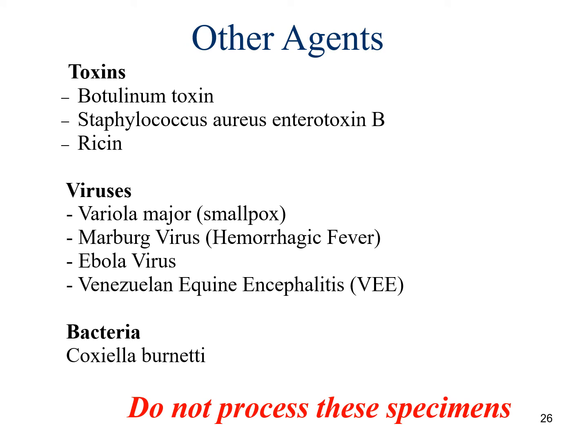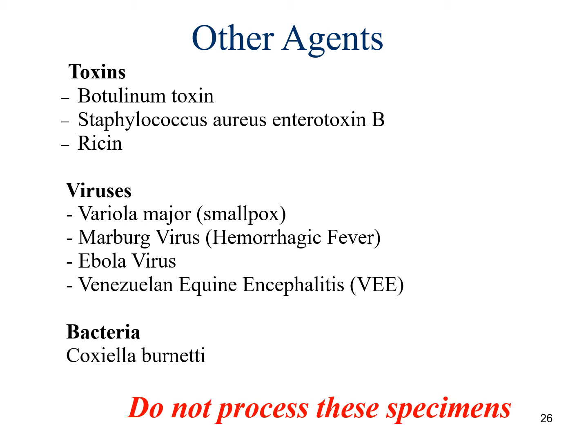Aside from the organisms mentioned on previous slides, there's other possible agents of bioterrorism, and they include toxins, viruses, and then of course other bacteria that were not mentioned. So toxins can include botulinum toxin, Staphylococcus aureus enterotoxin B, and ricin.